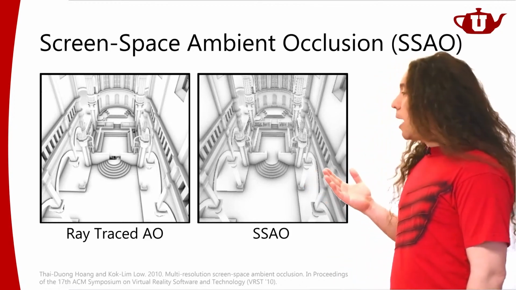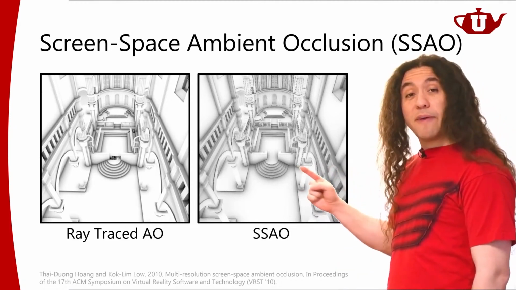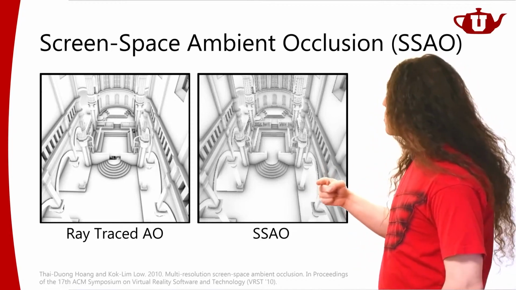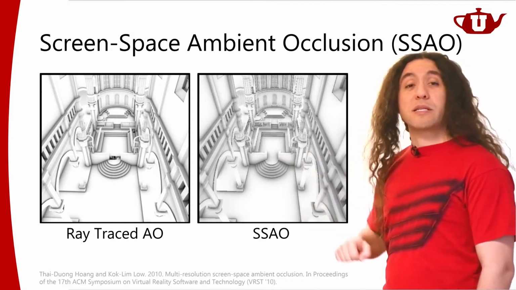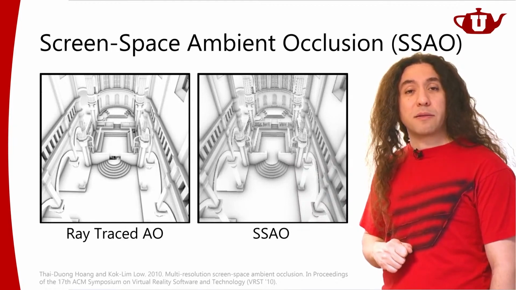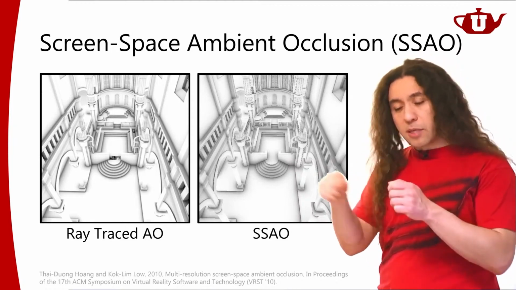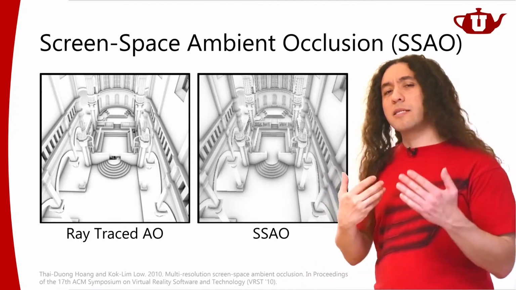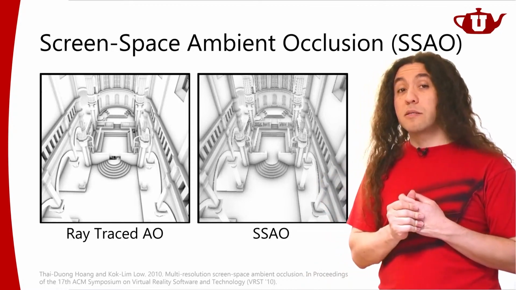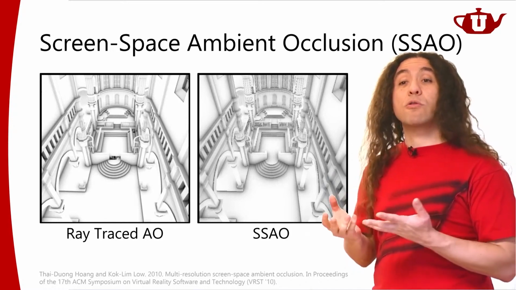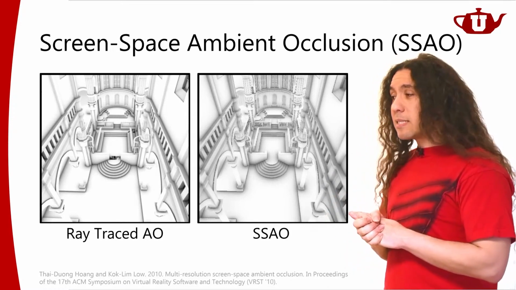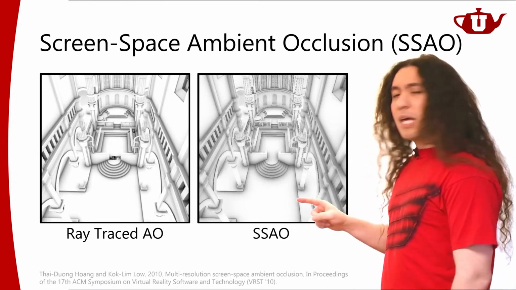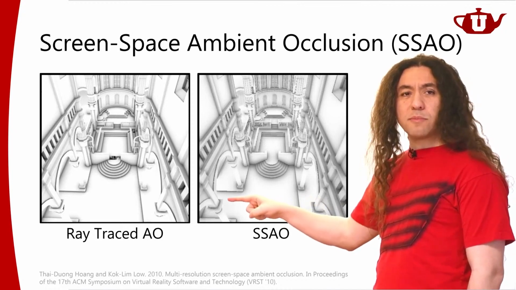By looking at those pixels and their depth values, I'm going to try to guess if those pixels are occluding the pixel in the middle. For each pixel, I look at the neighboring pixels, and based on their depth values, I estimate whether or not those pixels are creating any occlusion. Now, this is not that easy to do because there are going to be things like these columns, right?